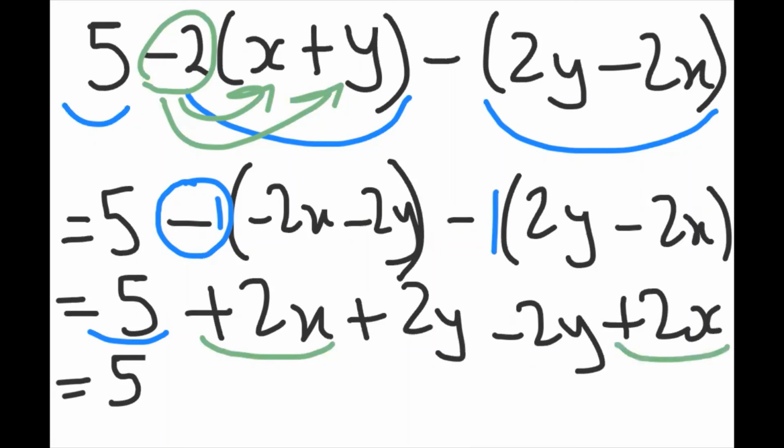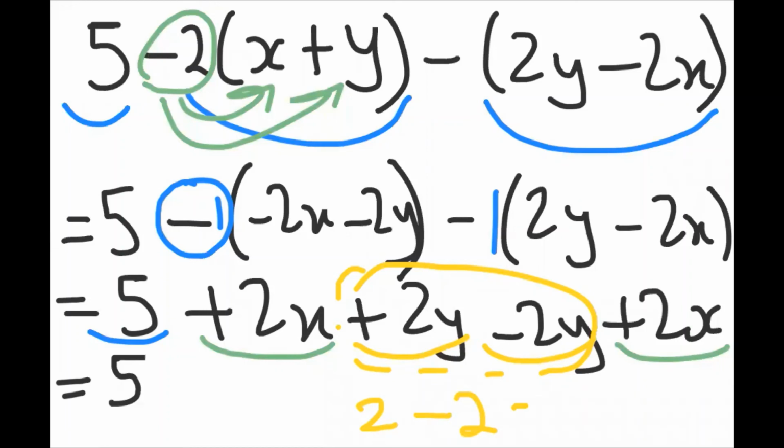Is there a y? There's a y, and there's a y. If you look at these two y's over here, you have a plus 2y and a minus 2y. So we're actually saying it's 2 minus 2, and that answer is 0. So we're not going to write anything further with this. We're just going to ignore it. But I'm showing you why we're ignoring it, because 2 minus 2 is 0.